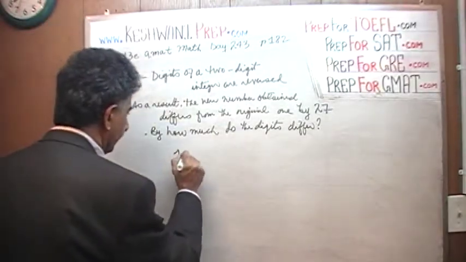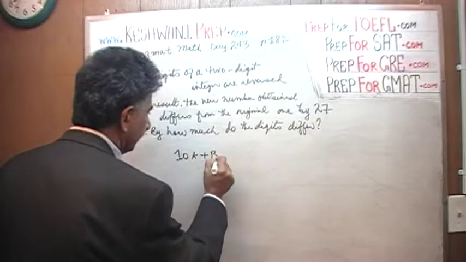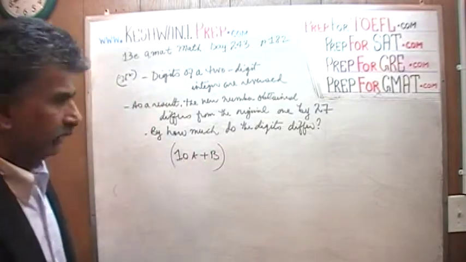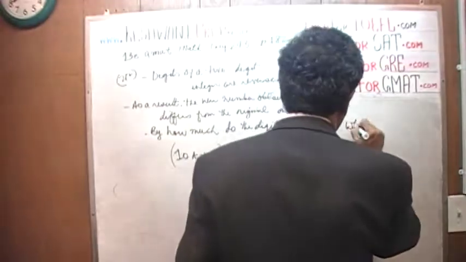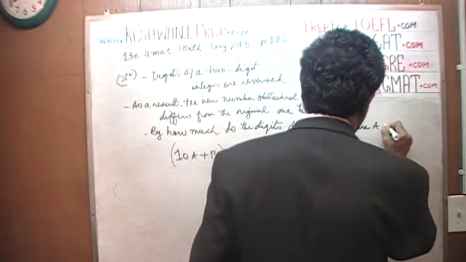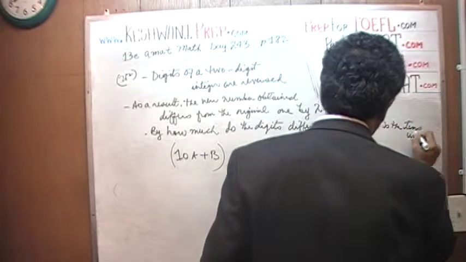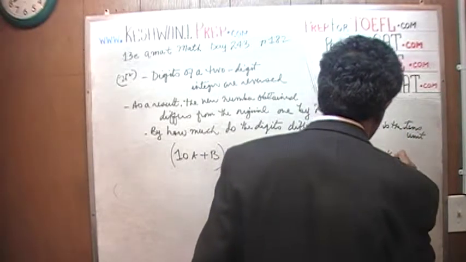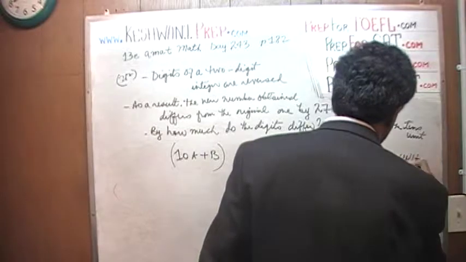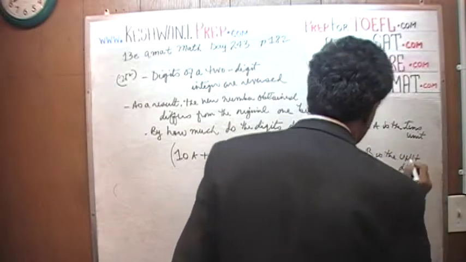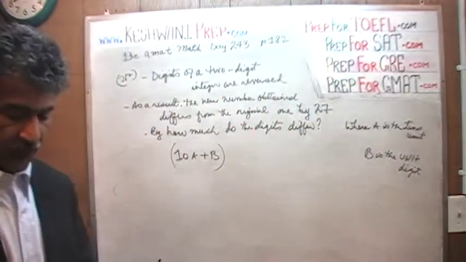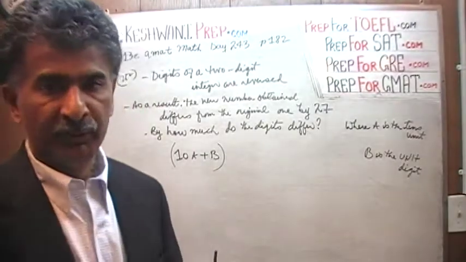So here we go, 10a plus b is our original number, where a is the 10th digit and b is the unit digit. Just to make you understand that these letters have actually no meaning at all.